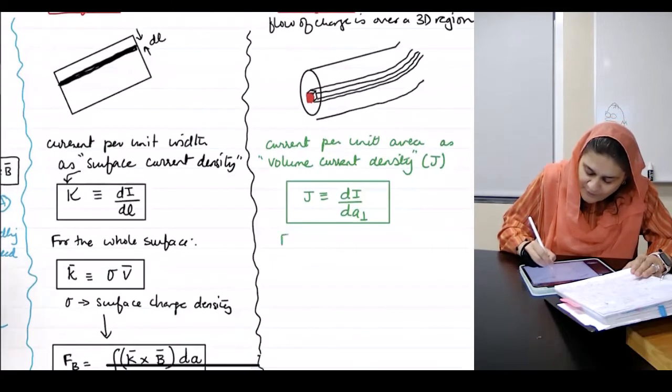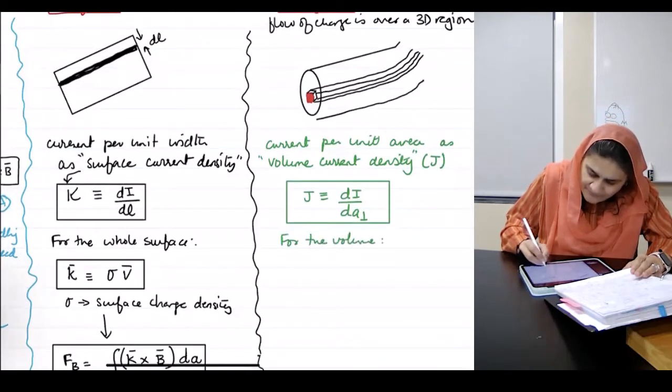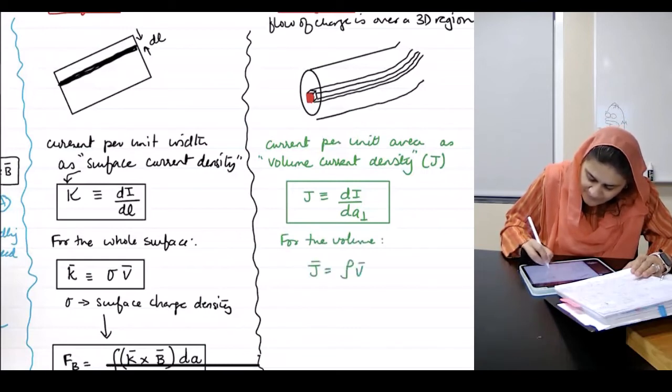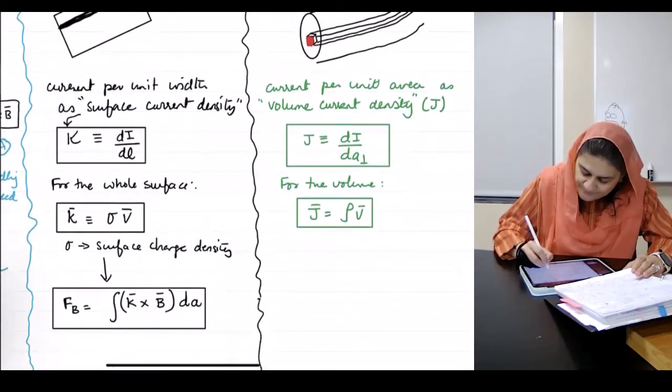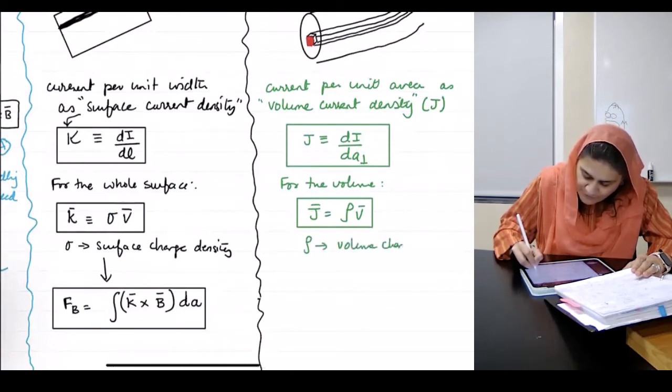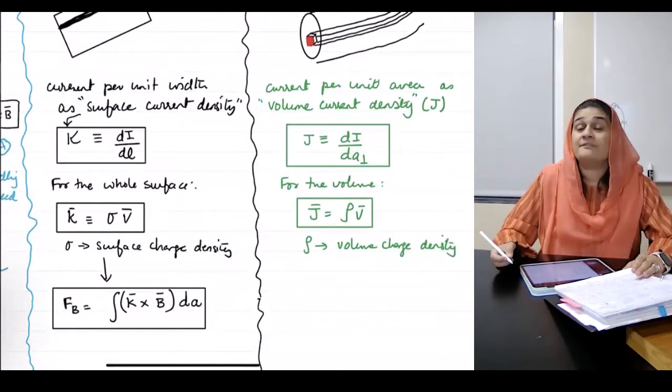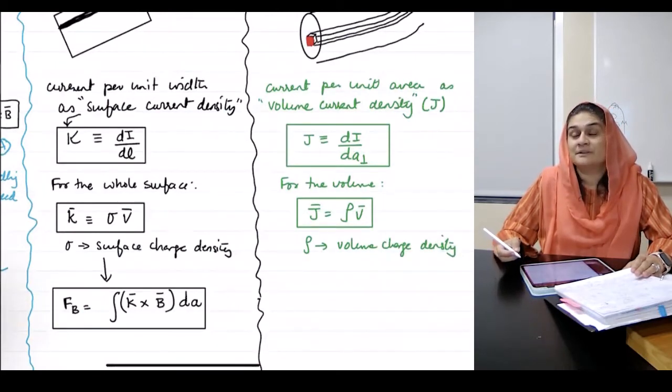And for the volume, rho V, where rho is the volume charge density. And V is just the velocity, right?